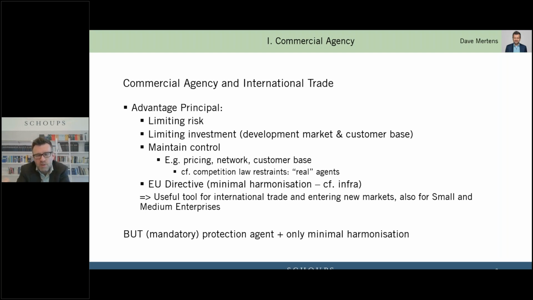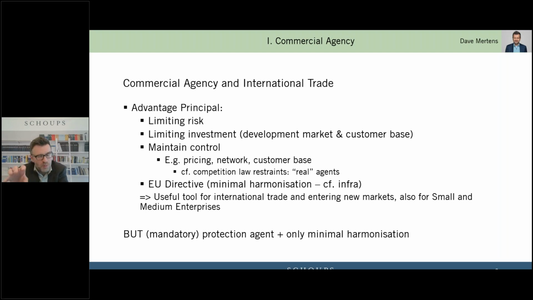Another advantage when I talk about limiting risk and investment is that many agents might already have access to the market, perhaps already distribute some competing or complementary brands, so they might be able to yield economies of scope or scale by adding your products to their range, in a way that would be much more costly if you, as perhaps a small company, had to do it. So perhaps you can contact a commercial agent that already has a customer base, already has access to the market, which limits the cost of your investment.